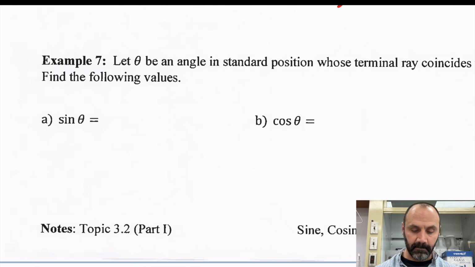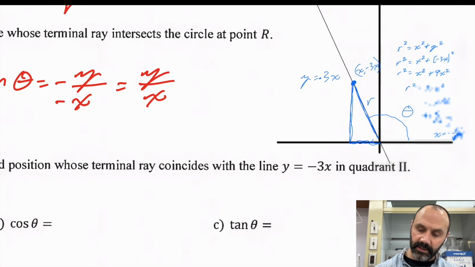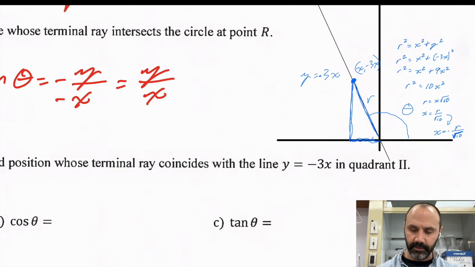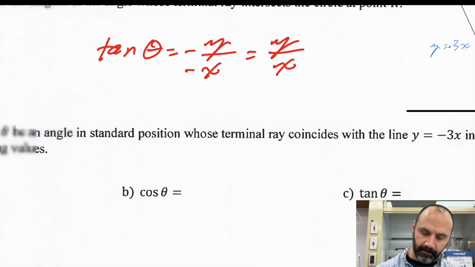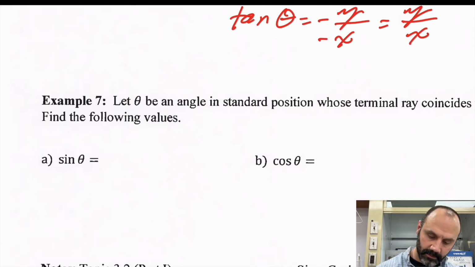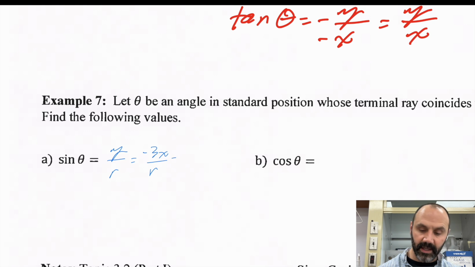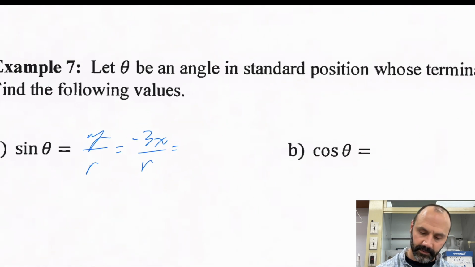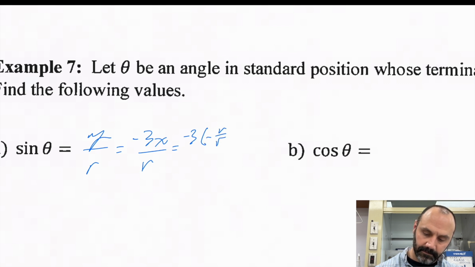So sine of theta, that's the vertical over the hypotenuse. So that would be y over r. So y is negative 3x over r, but now I have an expression for r, right? So it's negative 3 times negative r over root 10, over r.